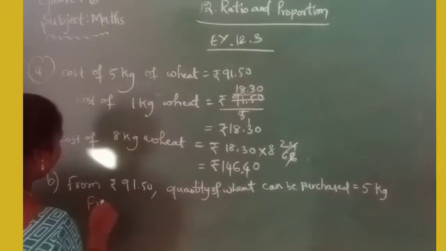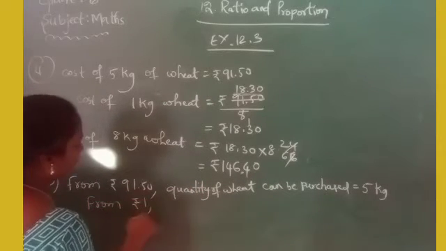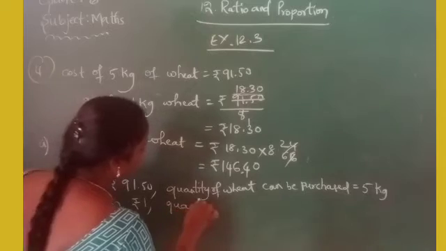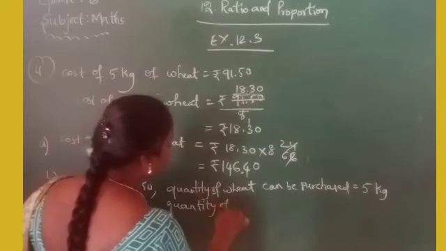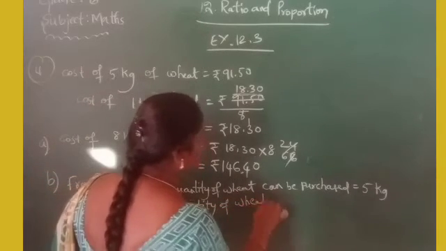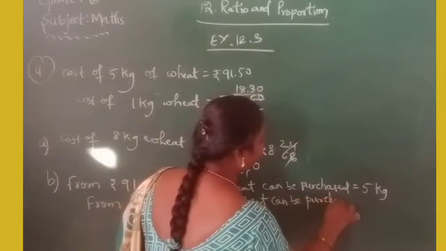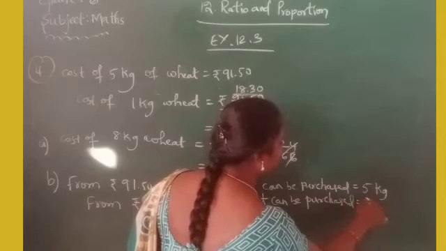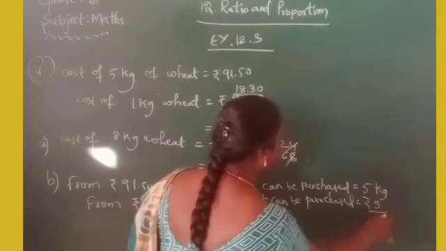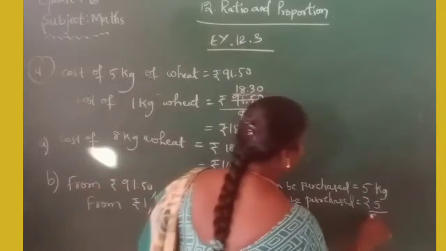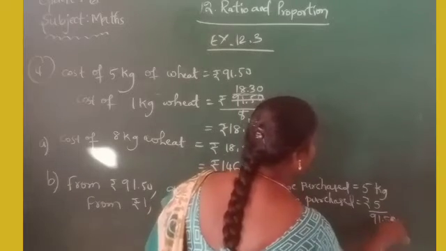Okay, from 1 rupee, the quantity of wheat that can be purchased is equal to 5 by the total amount, 91 rupees 50 paise.